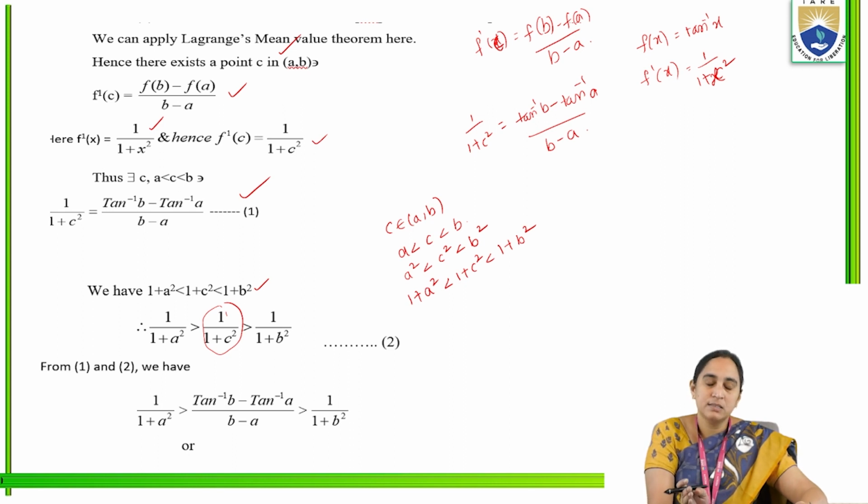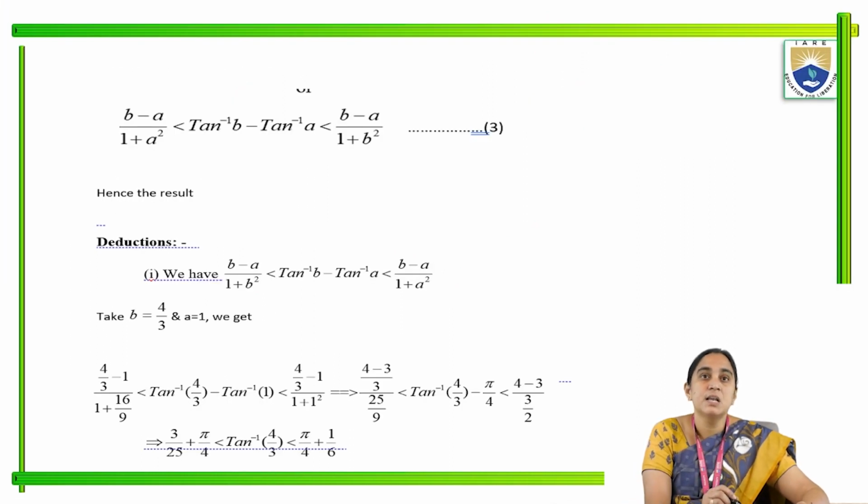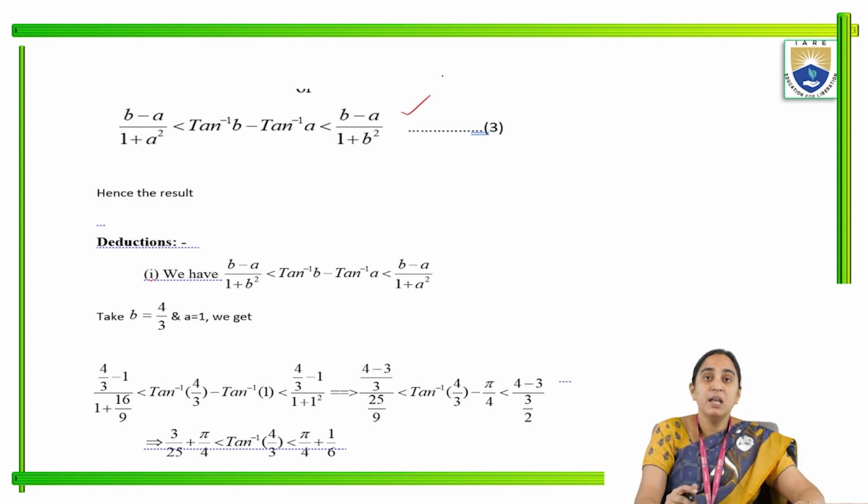I'll write it in the less than form, that is b minus a by 1 plus a square less than tan inverse b minus tan inverse a less than b minus a by 1 plus b square. This has to be proved from Lagrange's mean value theorem.